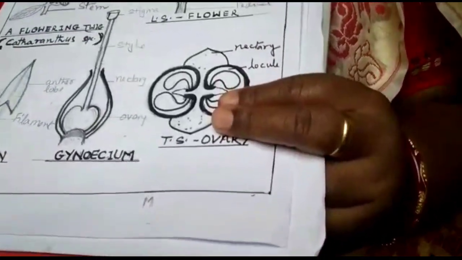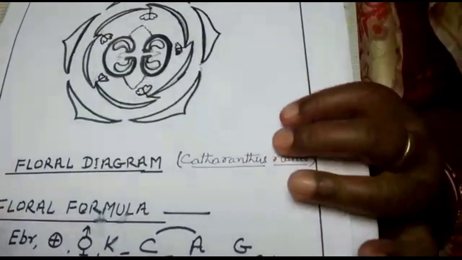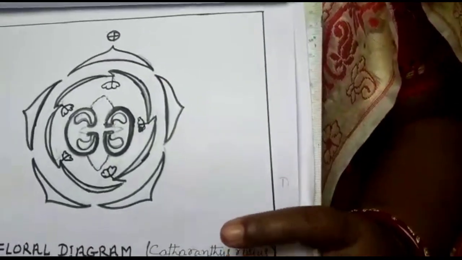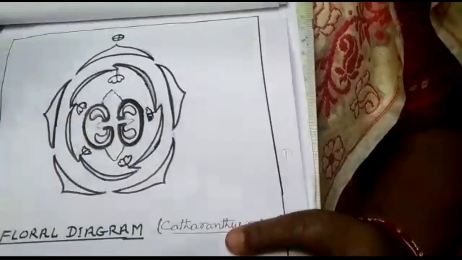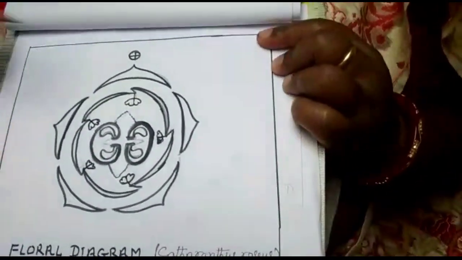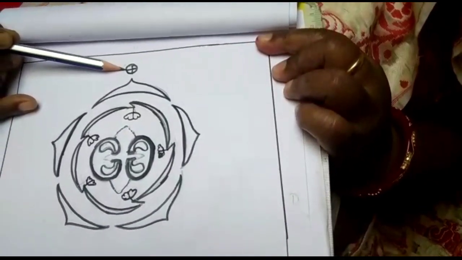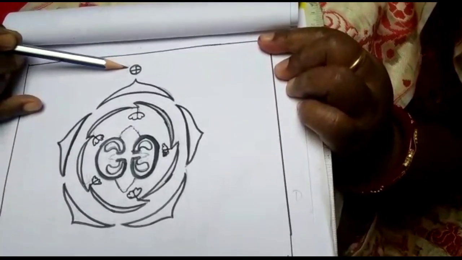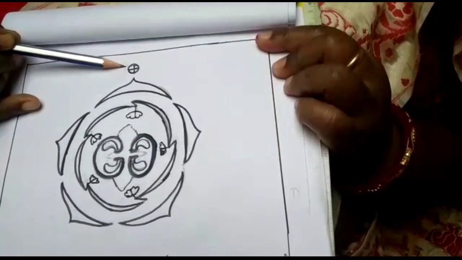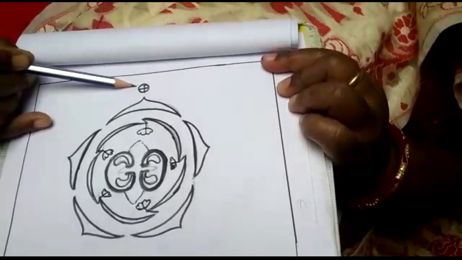Now we come to the floral diagram. Here we see that this denotes actinomorphic. That means flowers can be divided into two equal halves by more than one plane.